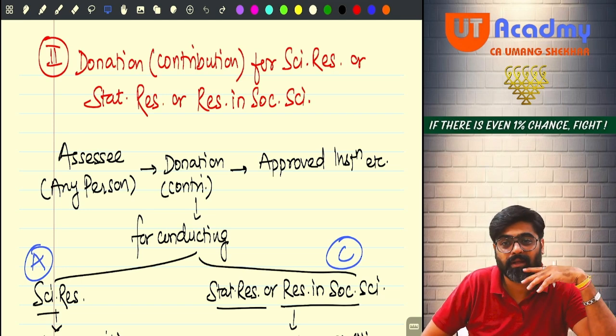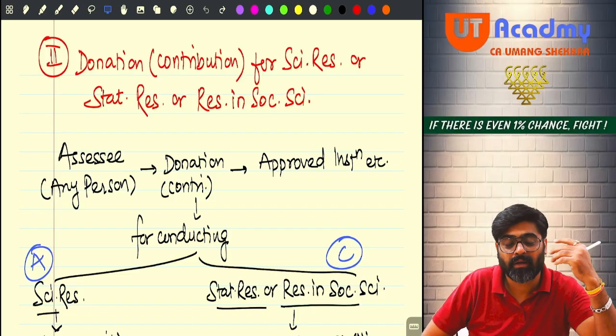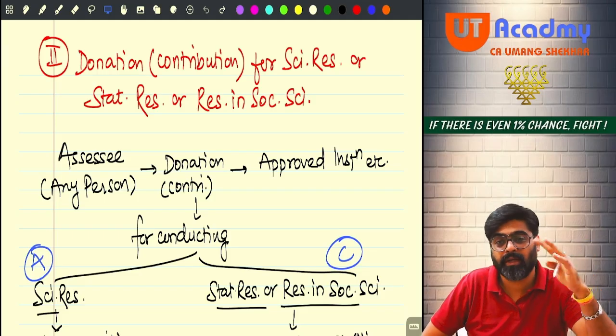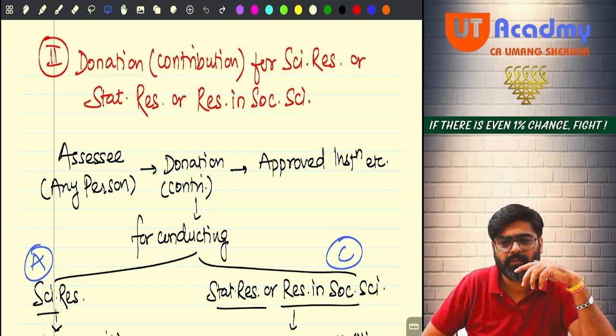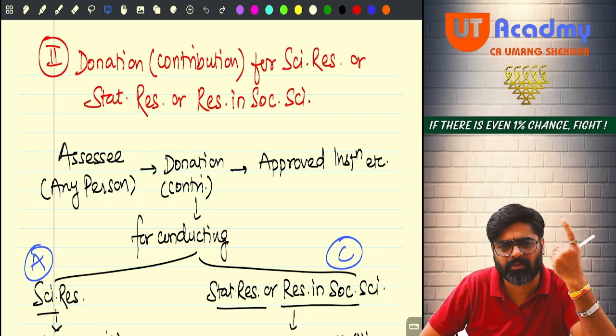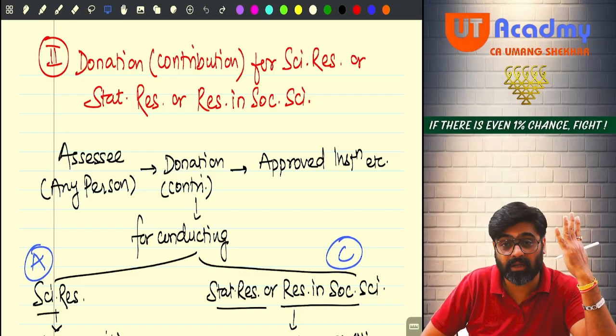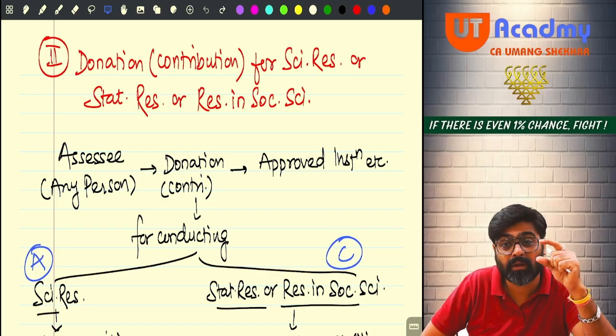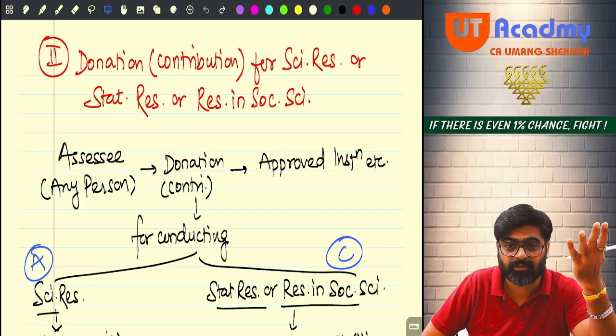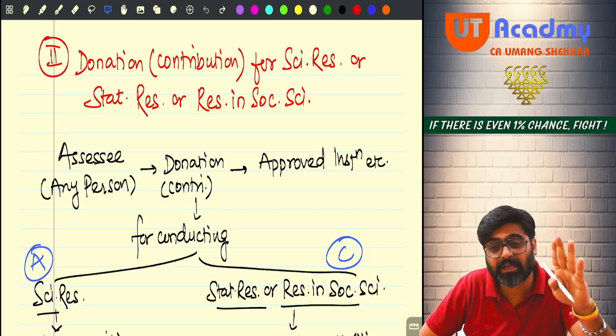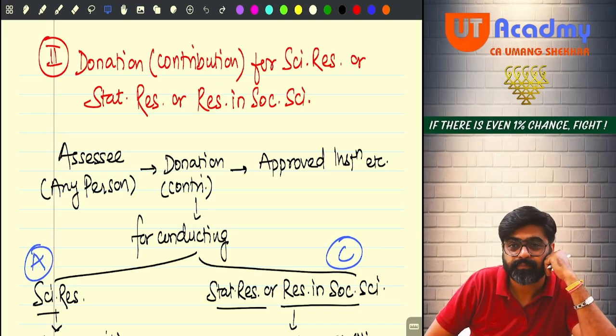How many kids are there? What is the data of rainfall? What is the data of temperature? Many numbers. Data analysis. Statistics means what? Numbers which give some insights. So those statistical researches are also done.